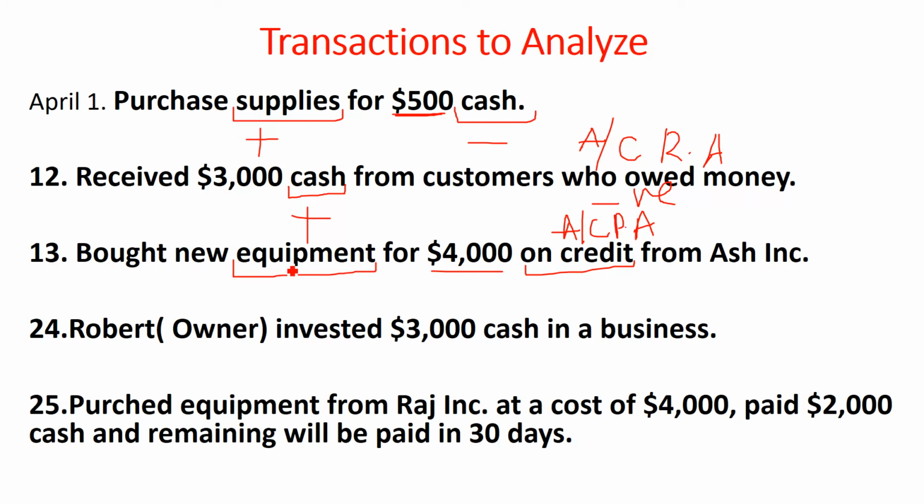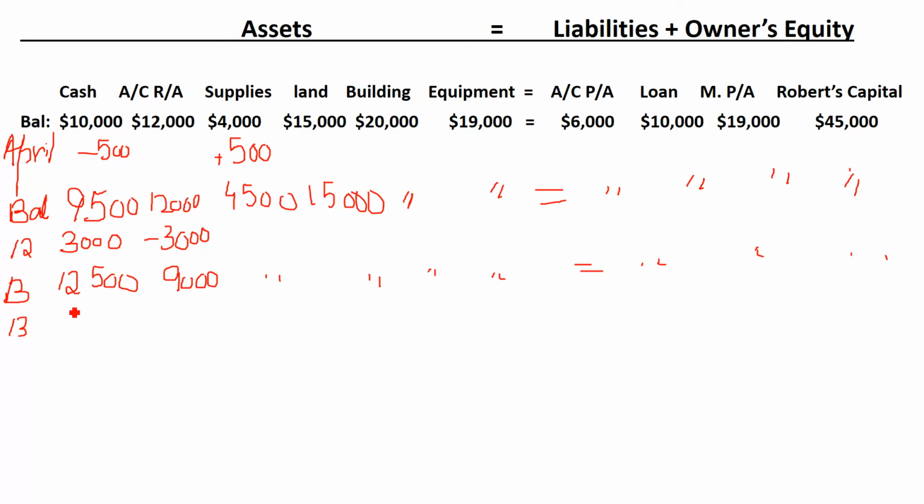The third point is whether these two accounts, equipment and payable, are increasing or decreasing. He is buying new equipment, so equipment is increasing. And what about liabilities, increase or decrease? Increase. Liability is also increasing, right? Okay, how will you write down this transaction on the 13th? All the rest will remain the same.